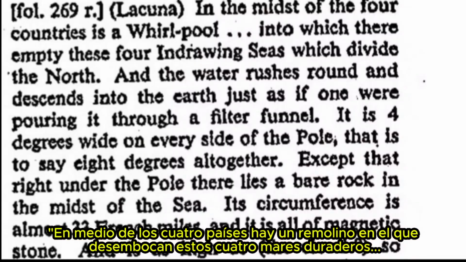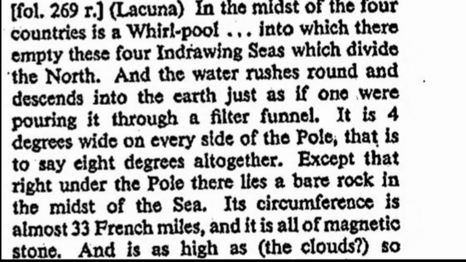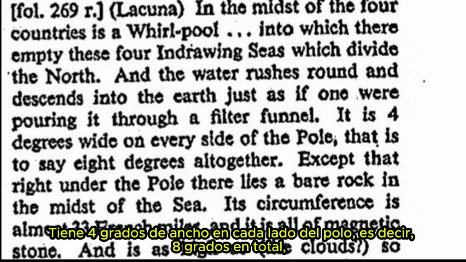"In the midst of the four countries is a whirlpool, into which there empty these four indrawing seas, which divide the north, and the water rushes round and descends into the earth just as if one were pouring it through a filter funnel. It is 4 degrees wide on every side of the pole.